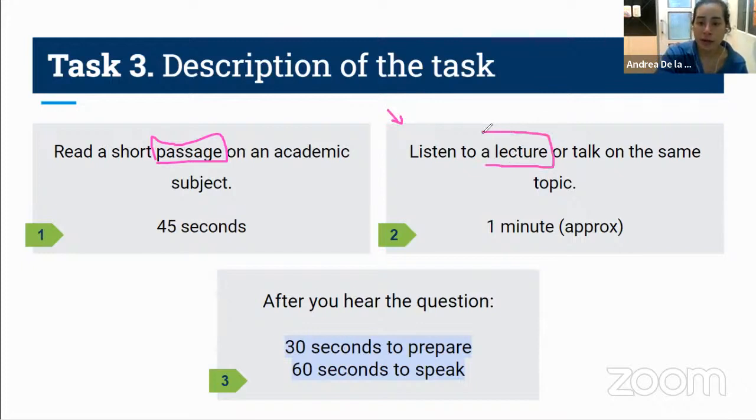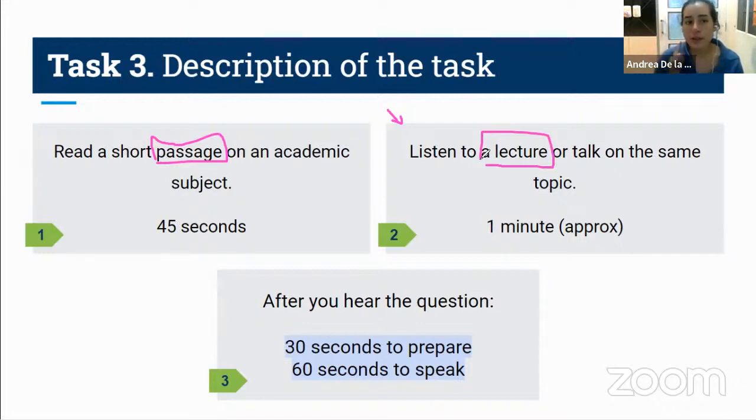Do you guys remember what a lecture was? We saw it in the listening, right? Do you remember what a lecture is? It's basically a class, right? It's a university class.